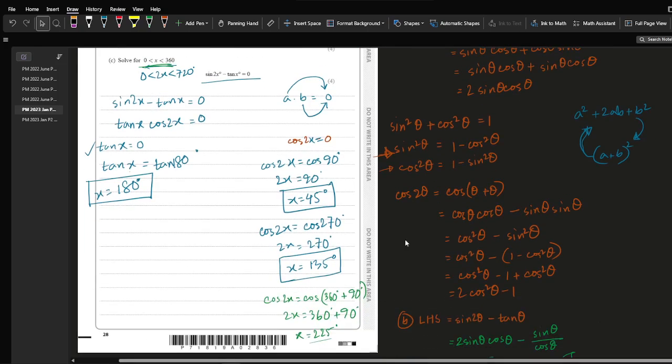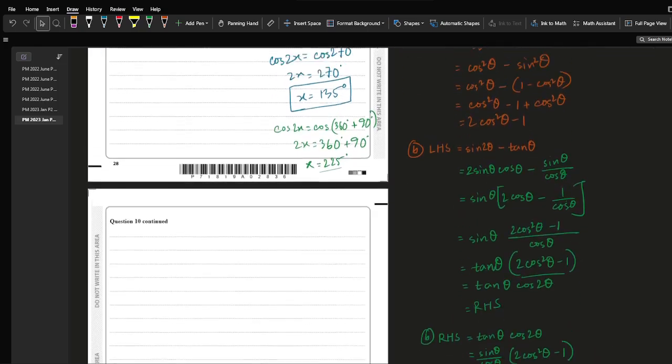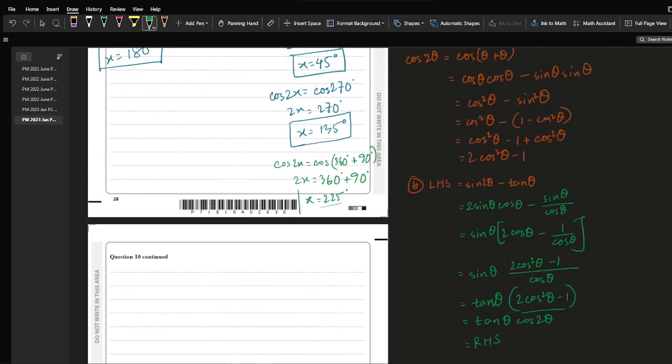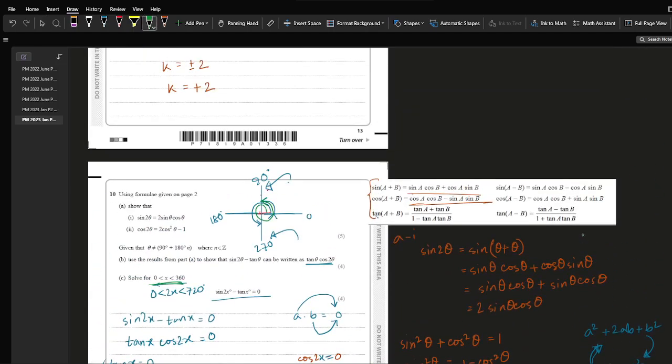The next one would be, let's put a box around it. Cos 2x is equal to cos, so the one we just found is right here, so the next one would be you get 360, then from there you get plus 270.